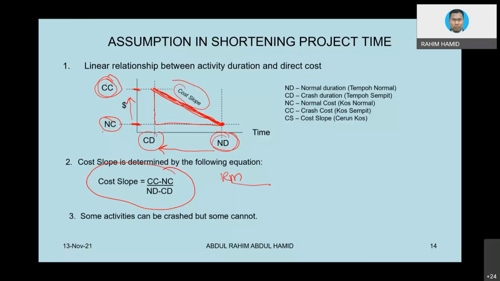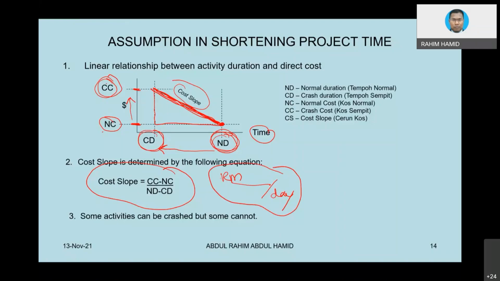So you get a value divided by the unit of time, maybe per day. So RM per day or per week or per month, based on your unit here, this is what we call the relationship of one particular activity.